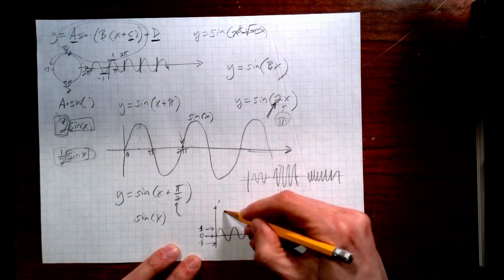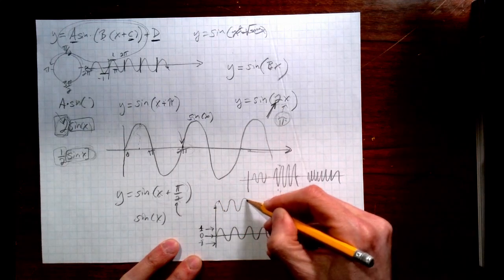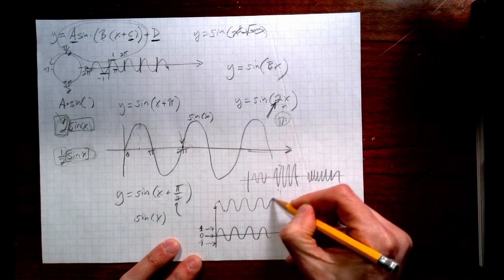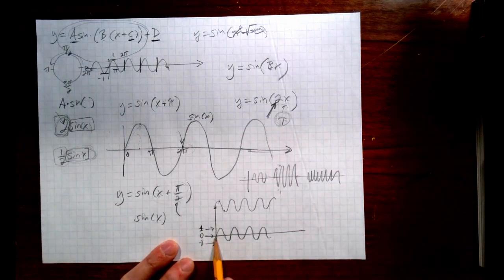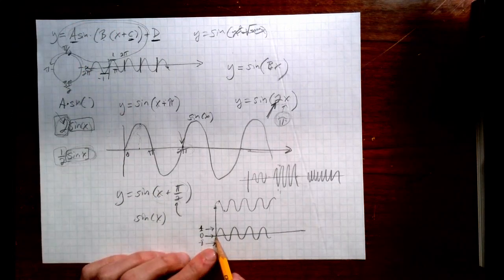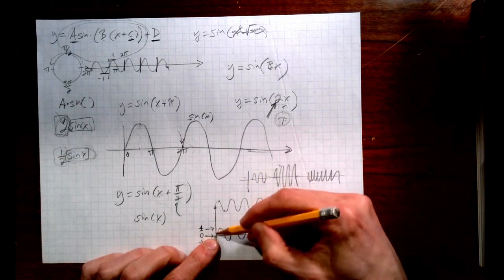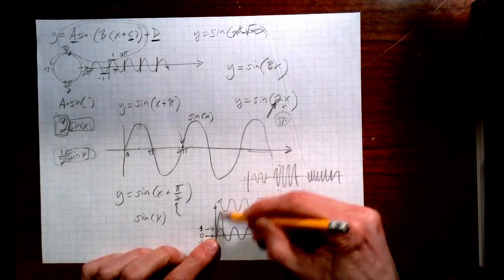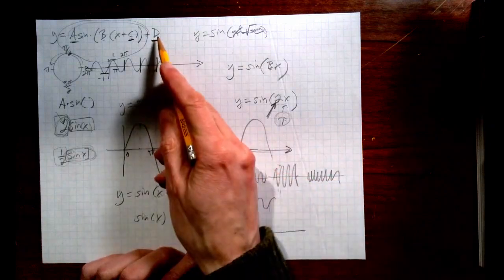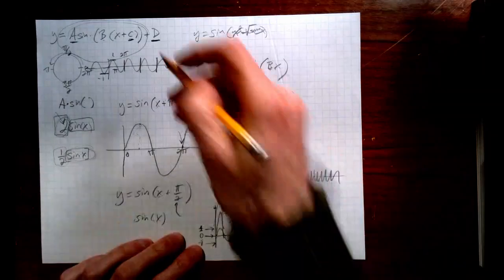And this would go up 5, so that'd be there. So the whole thing would be up here. So d moves the 0 to wherever d is. So if d was 2, after we did everything, we'd say plus 2, so the 0 would go to 2. And then this peak would go 2 higher, right? Wherever it was. If it was here, then it would go 2 higher. So what d does is it just moves the whole squiggle up and down.